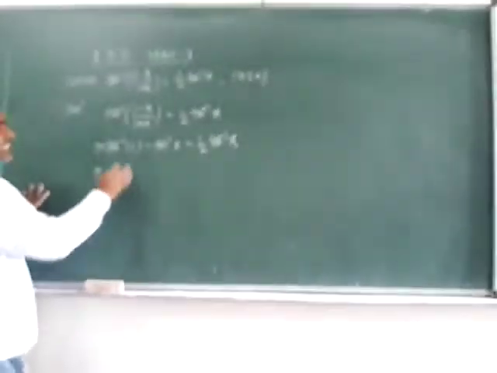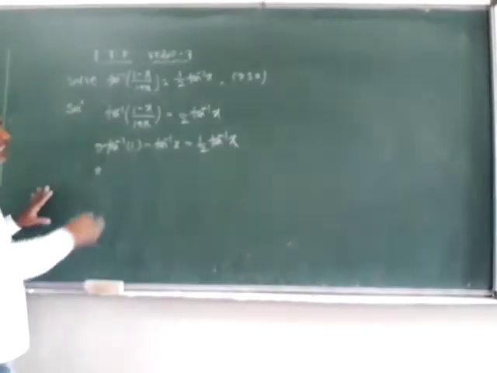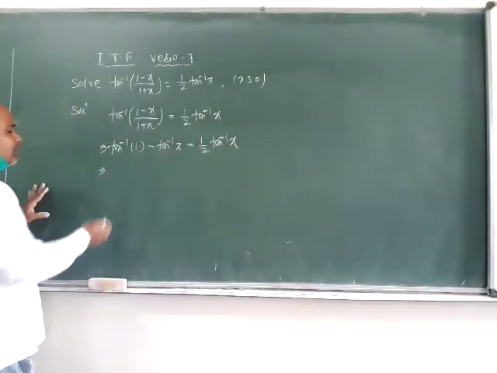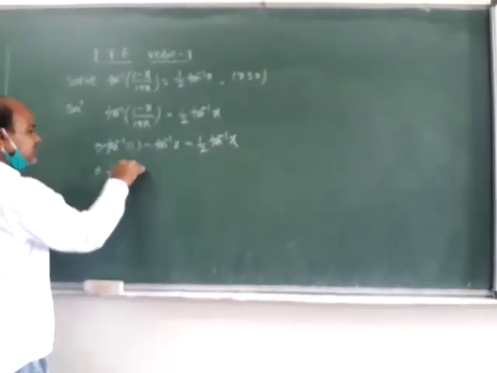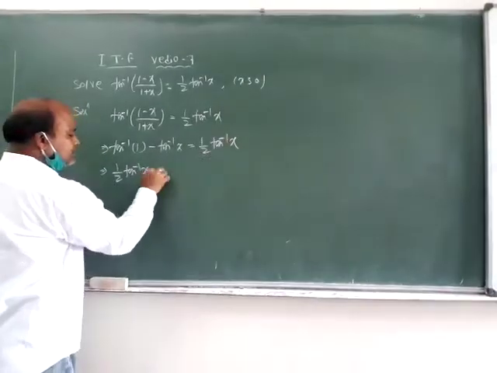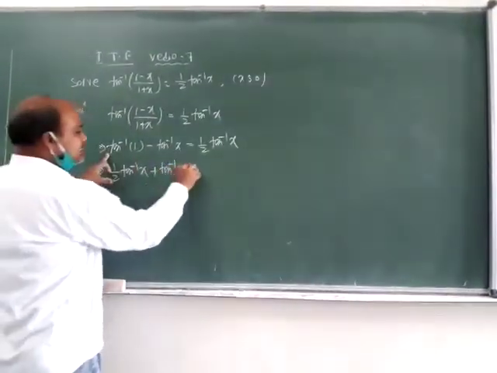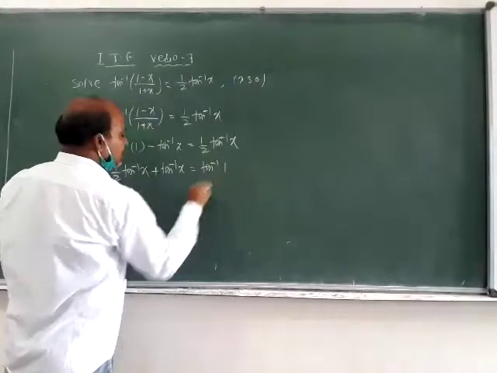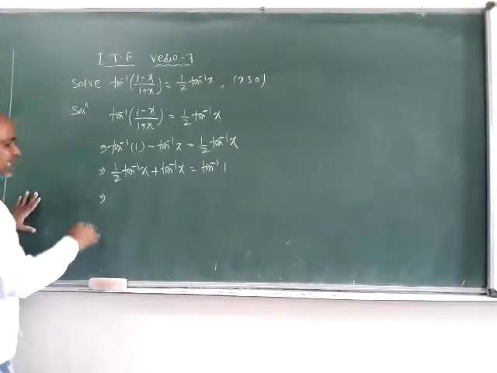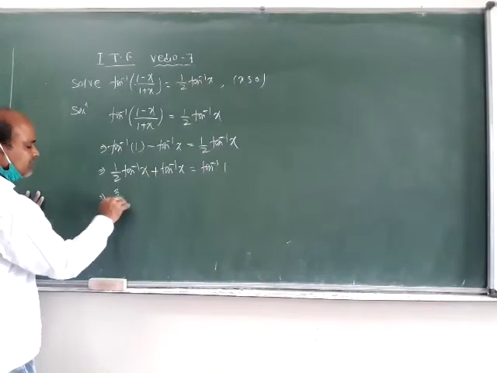So you make the x terms one side: 1 by 2 tan inverse x, and minus tan inverse x transferred becomes plus tan inverse x, and this is equal to tan inverse 1. Do you understand?